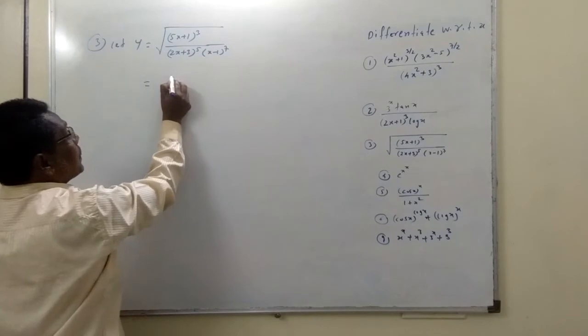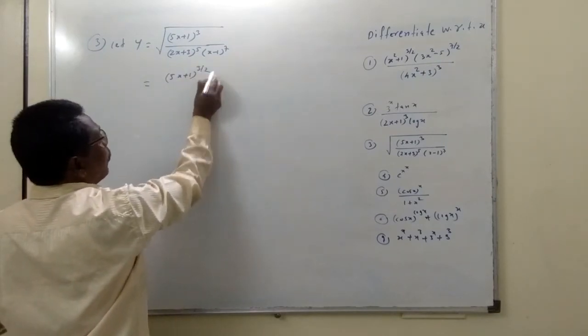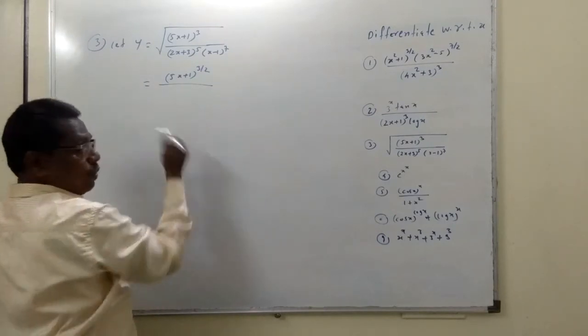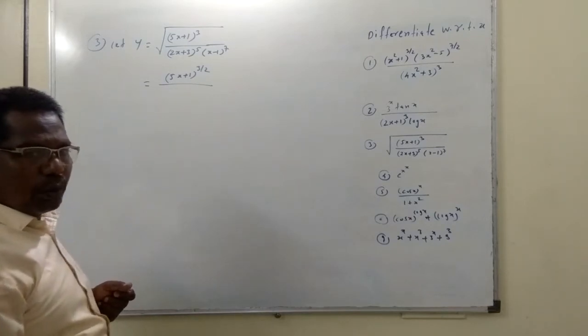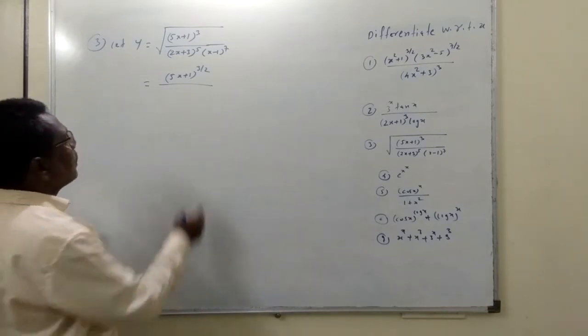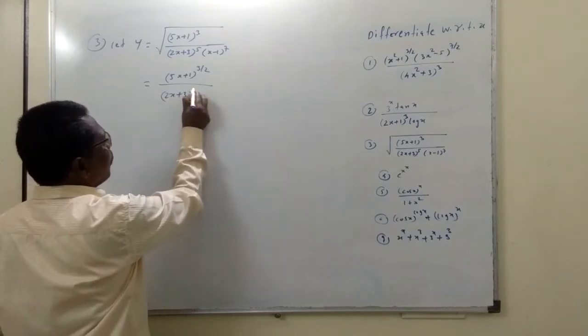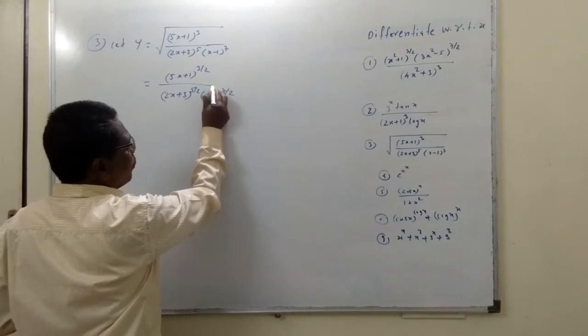We can write this as 5x plus 1 raised to 3 upon 2. Root means half power, so you know this indices rule: nth root of a raised to m is a raised to m upon n. So 2x plus 3 raised to 5 upon 2, x minus 1 raised to 7 upon 2.